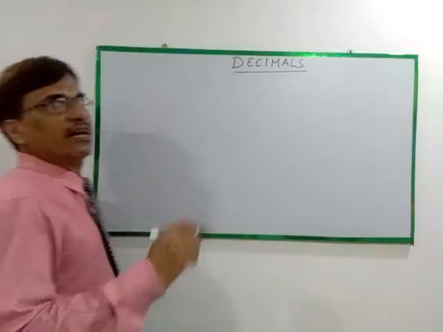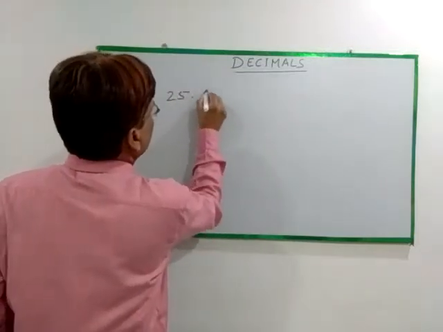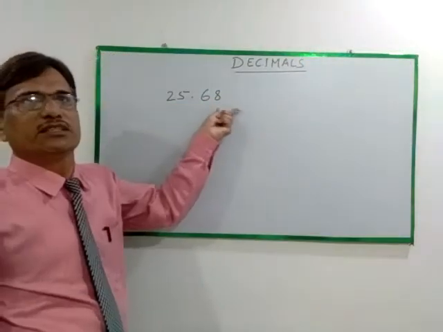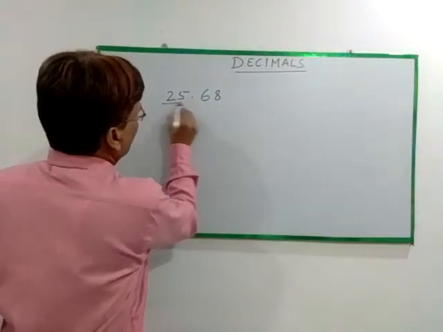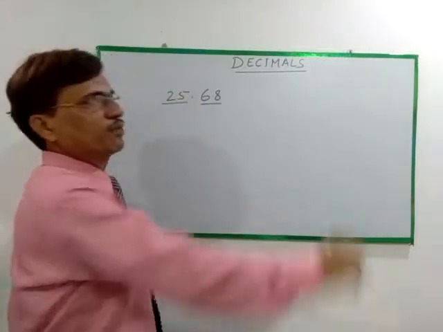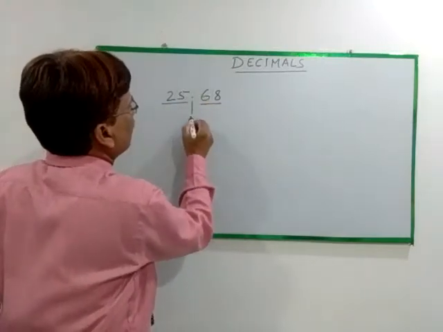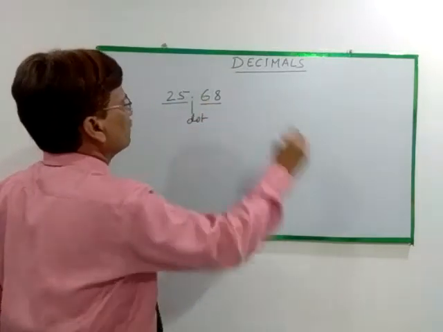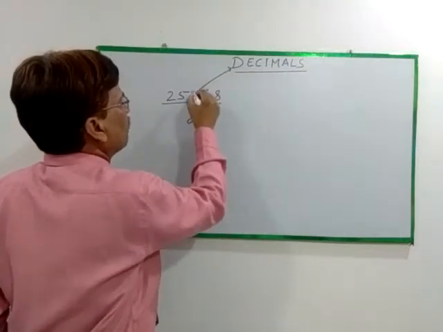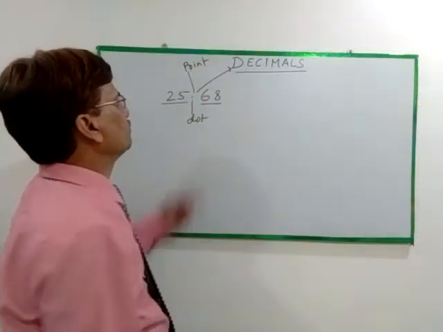Each decimal has two parts. For example, 25.68. The whole number part and the decimal part, each separated by a dot. It is called the decimal point.